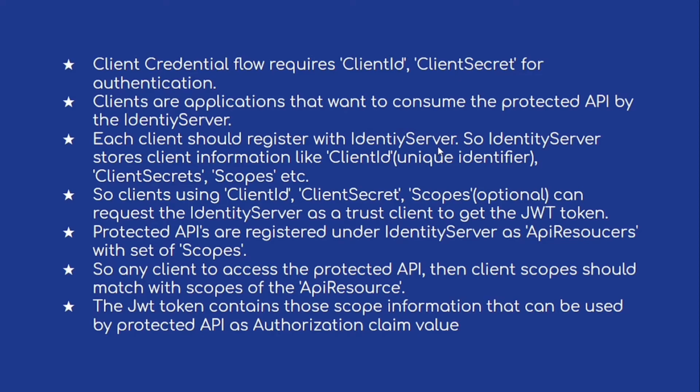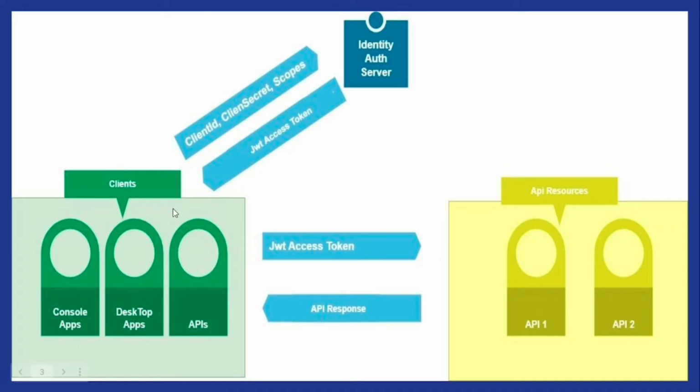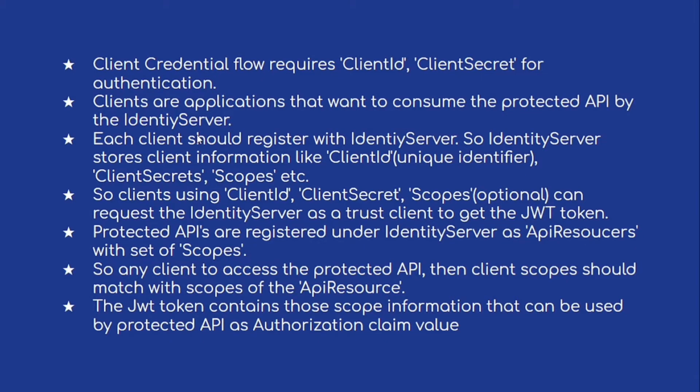The identity server must know about its clients, so these clients must be registered. Every client will have a unique client ID and client secret. The identity server stores the client information, like the client ID, a unique identifier, the client secrets, and scopes.